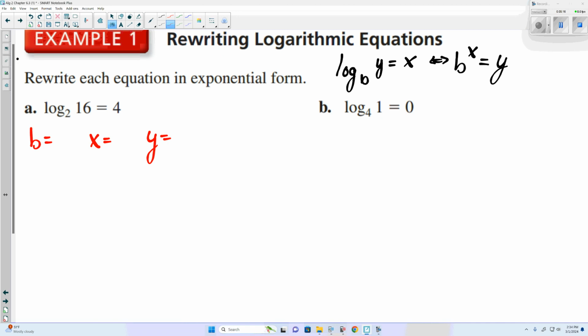So if we look at this first one here, log base 2 of 16 equals 4. What's our value of B? 2, because it corresponds to our base. What's our value of X? 4, because our X is by itself, outside, on the other side of the log. And Y would be 16.